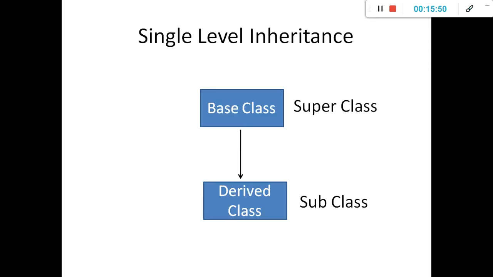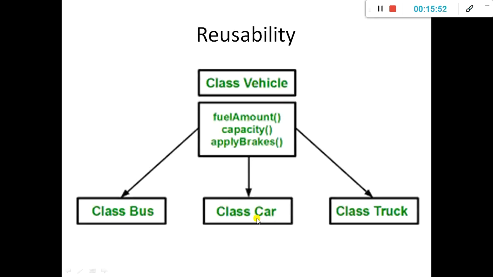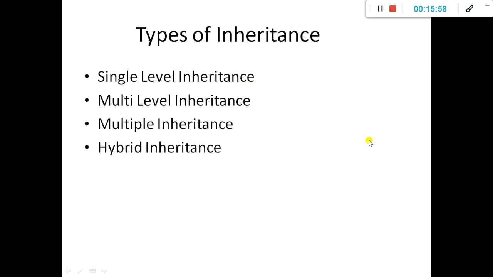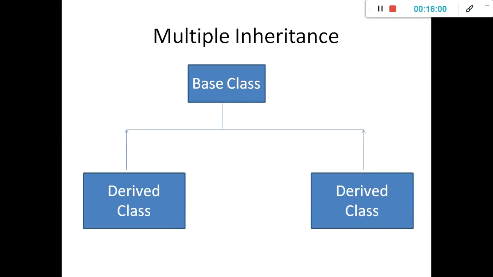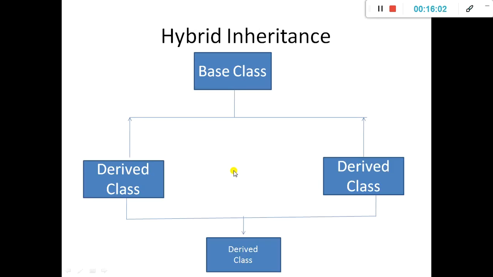Now hybrid inheritance is a combination of multi-level as well as multiple. You can see this is a multiple, and if you see this particular part, it looks like a multi-level. So that is a hybrid inheritance.